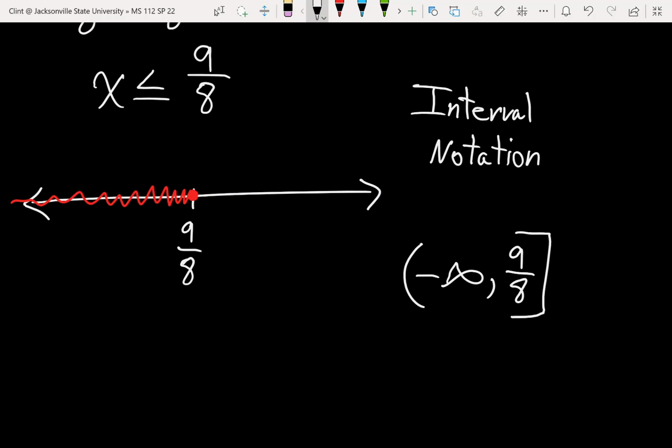We're just saying they go all the way to infinity, keep going forever. There's one. And we want to be able to do all three. So if you have a challenge in this section, it's probably going to be the interval notation, getting familiar with it.